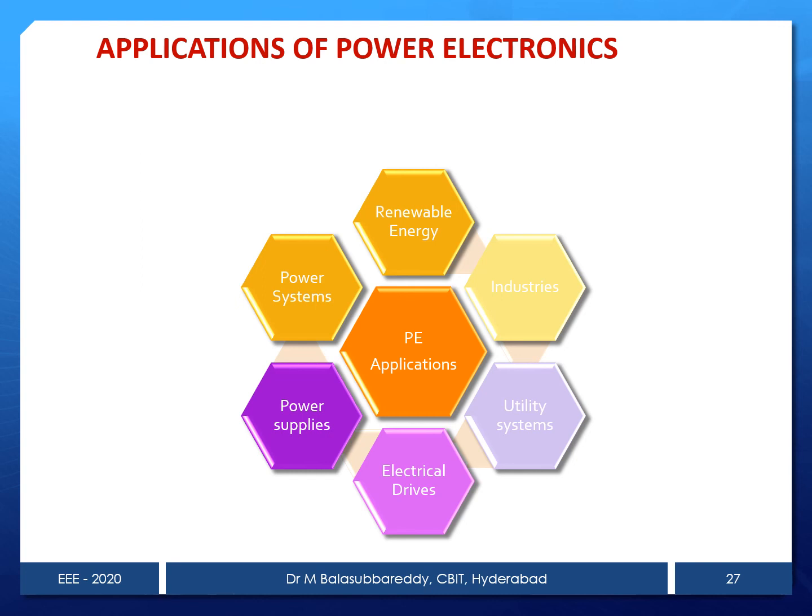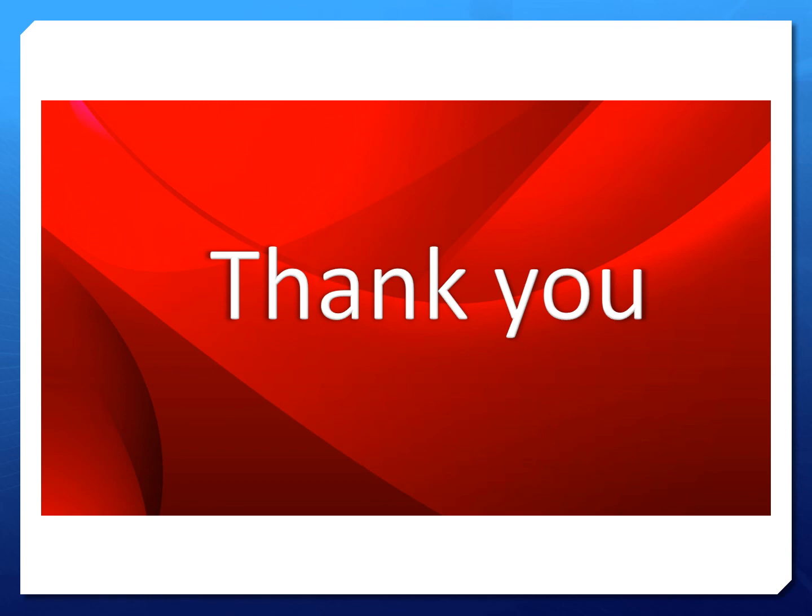So in many applications we are using power electronics. All this is the introduction portion. Once you briefly understand this, we'll start the actual power electronics subject unit wise. But at the moment I have explained only the brief introduction of power electronics.